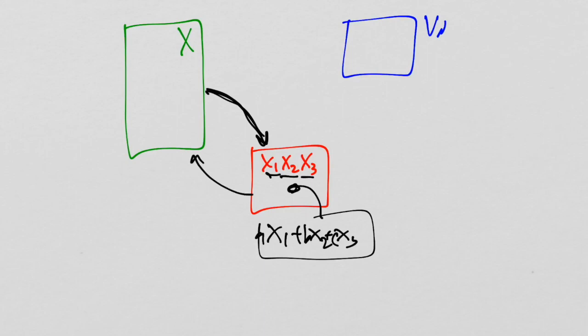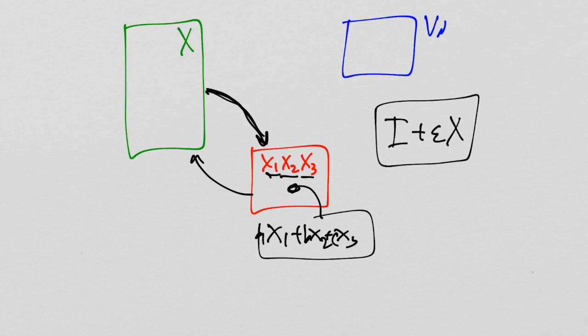Because remember, when we created I plus epsilon x, and we said that was an element of the Lie group that's close to the identity, that's when we get matrix multiplication working, right? Matrix multiplication exists here for Lie group elements. That's how two Lie group elements combine to form a third, right?